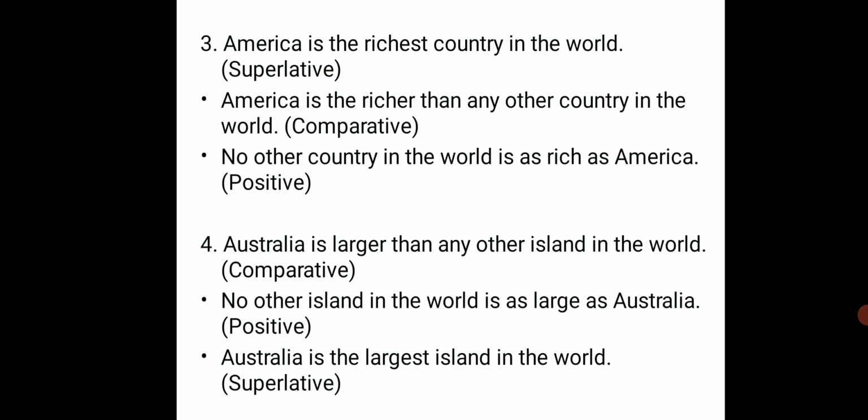In comparative we use er plus than, the adjective in its comparative form, and then the word than, remember, than and any other. This is what you have to use. So America is richer than, sorry for this article, the, it shouldn't have been there, by mistake it's there. America is richer than any other country in the world.